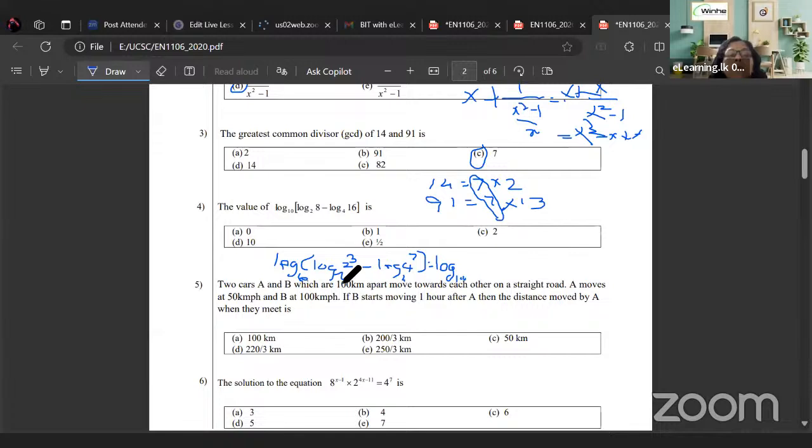Then log 2 to the power 3, you can write 3 into log 2 minus 2 into log 4.